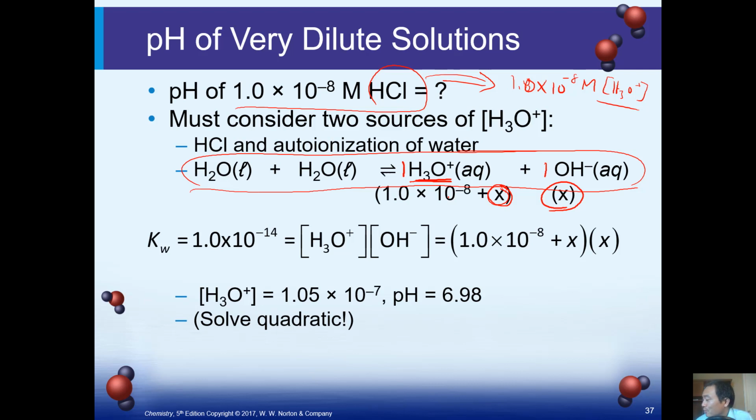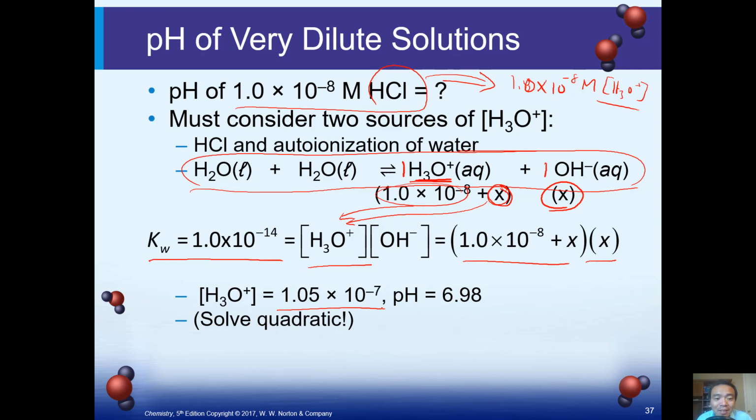Okay, so you write the Kw representation using the H plus, which comes from two sources, one from the strong acid, which is the 1.0 times 10 raised to negative 8. Then the other one comes from the autoionization, which we assume to be X. So you do this equation. Then you solve the quadratic equation, and you find out hydronium concentration is 1.05 times 10 raised to negative 7.